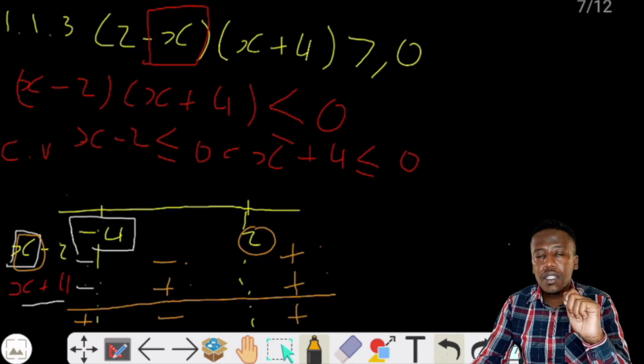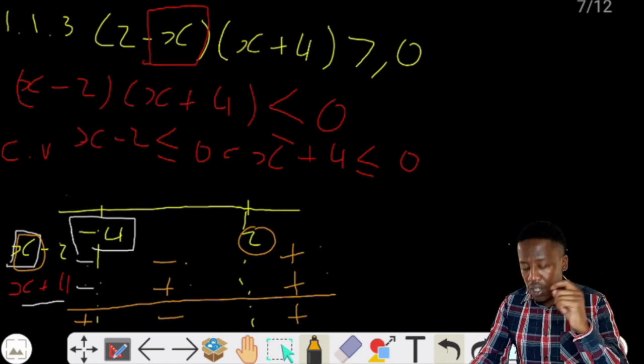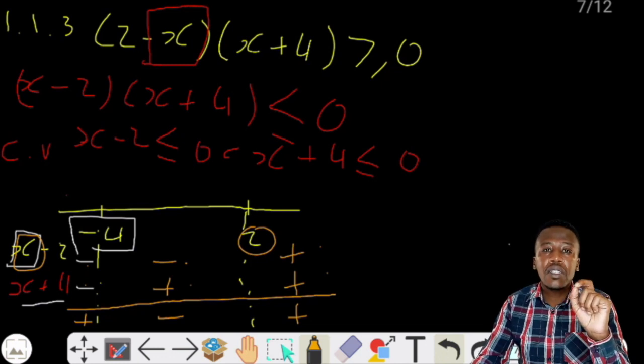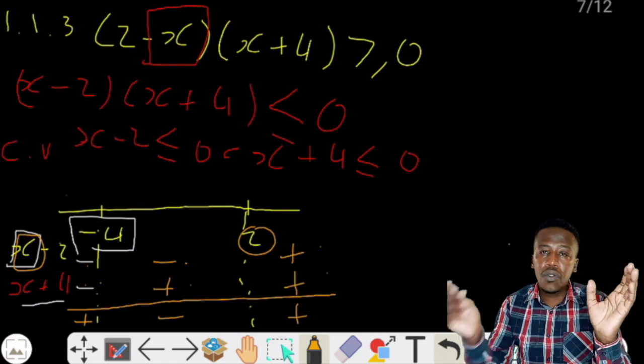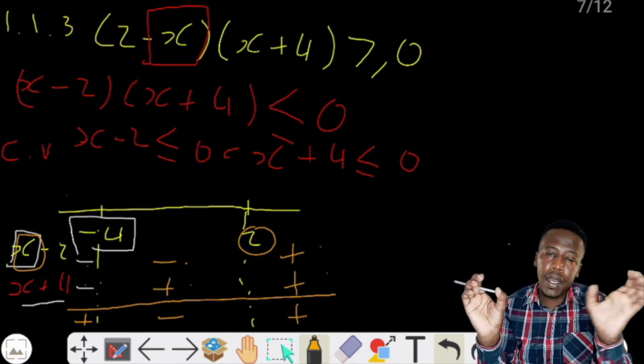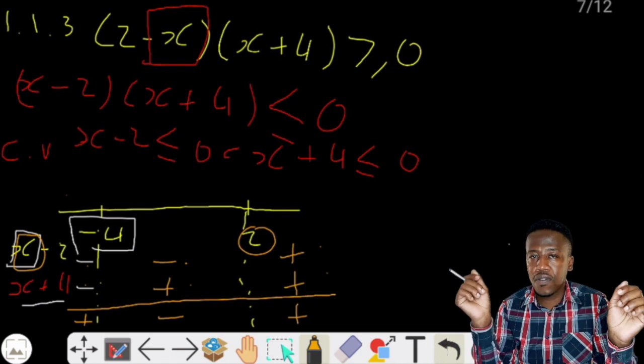Now finding our critical values, we look at our signs, right, and see where your expression is less than 0 or equals to 0. It's less than 0 or it is equals to 0 where we have a negative sign. Because if you look at your number line, you have 0 and then you have minus numbers and then you have positive numbers.